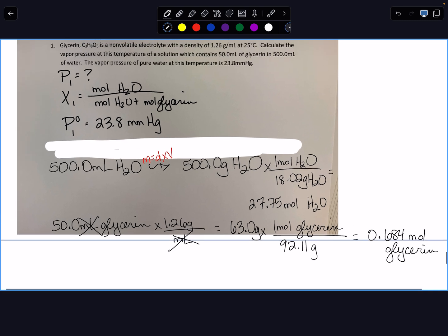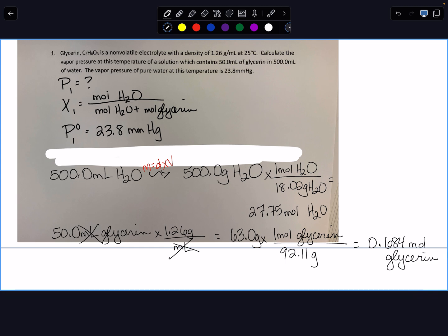So take that information and calculate the mole fraction of water, because water's the solvent.